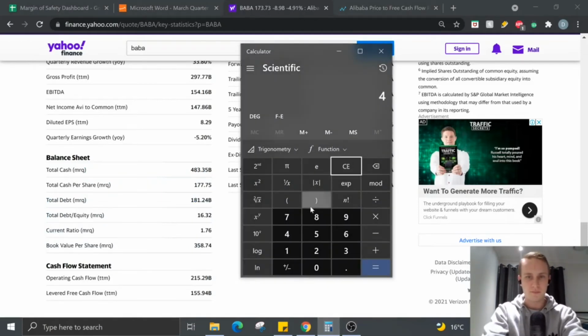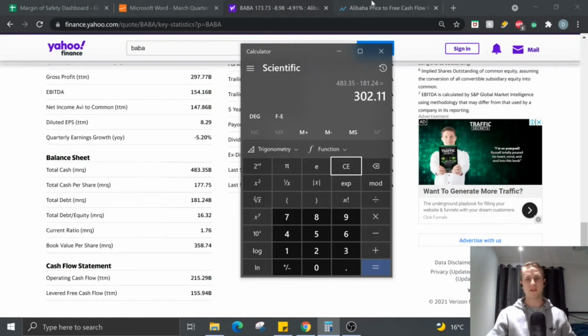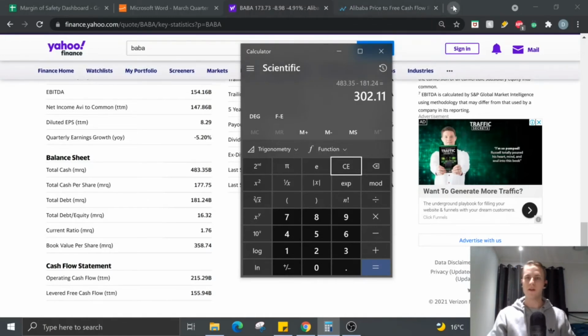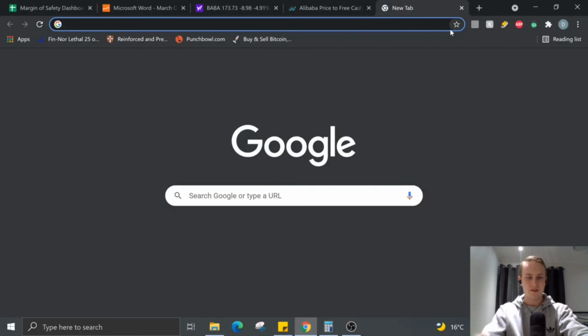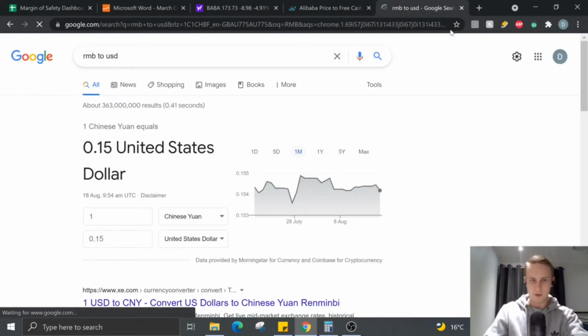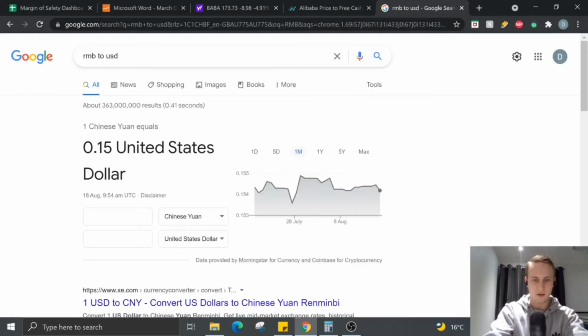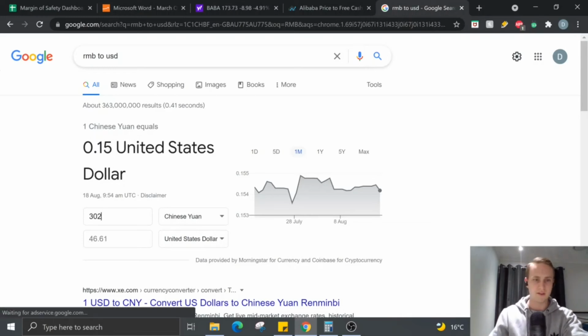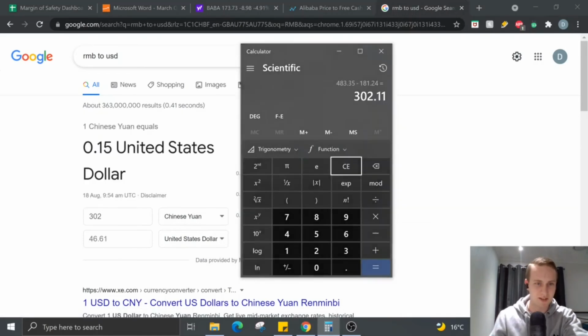So let's do it right now. So that gives us 302 billion renminbi. So we're going to have to convert this to USD. So if we go and we enter 302, so that gives us 46.6 billion.